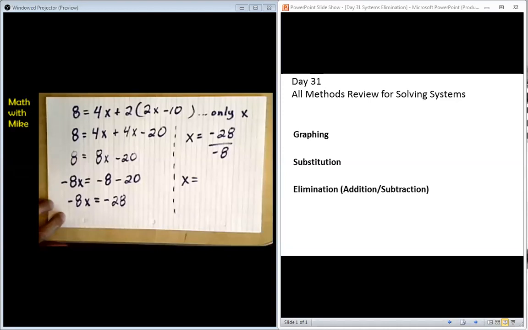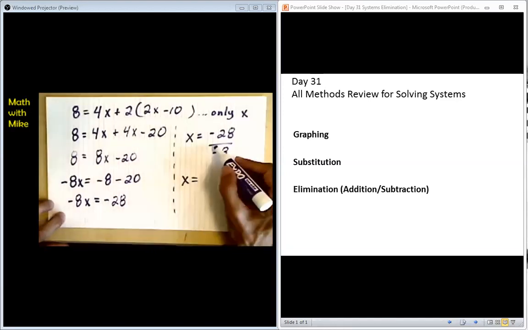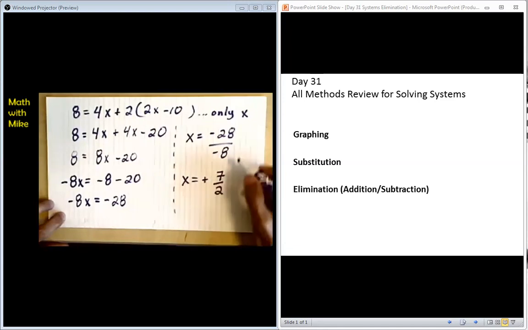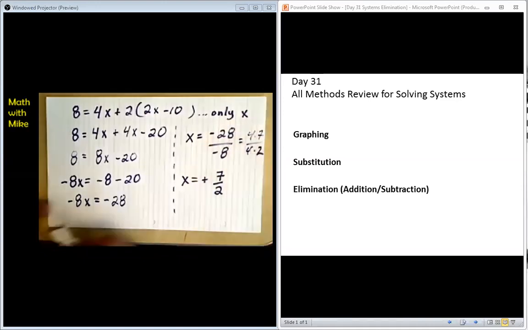No, plus, because a minus divided by a minus is a positive. And it's going to be 7 over 2. 4 divides into both of those, so you can think of this as 4 times 7, 4 times 2. And so you're left with x is equal to plus 7 over 2. 3.5 is what that works out to be.